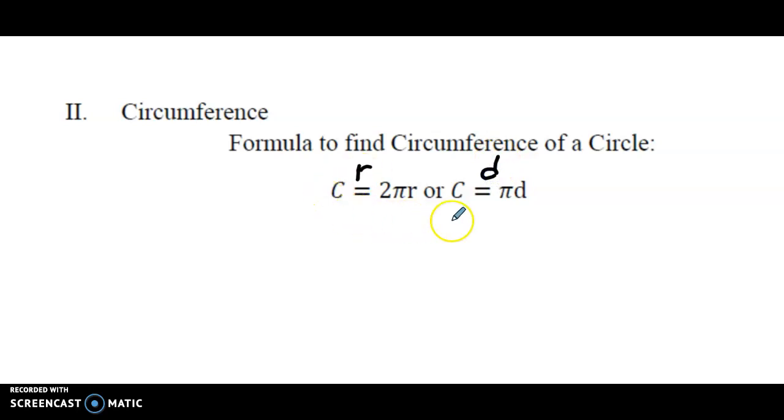Basically they are the same formula. The only difference is you have 2r over here and you have a d over here, and in a circle it takes 2 radii, that's plural for radius, and that will always equal the length of the diameter. So the formulas are the same, just you're going to use this one when the radius is given and this one when the diameter is given.